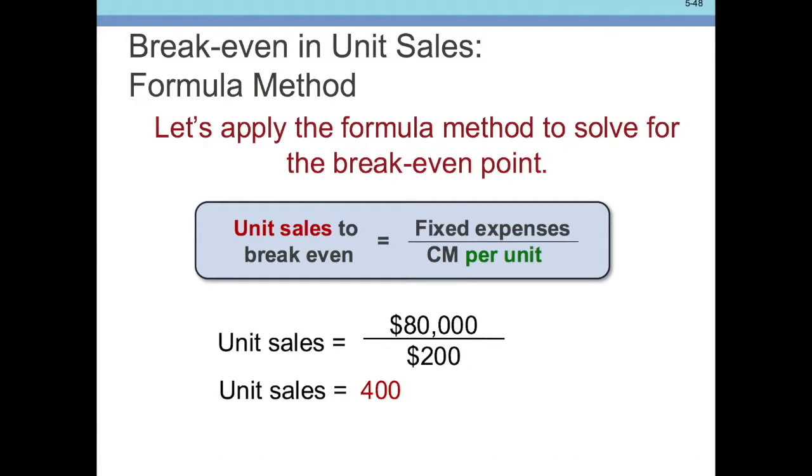The other thing we could do is go into it in terms of unit sales and contribution margin, and just look at it as fixed expenses divided by contribution margin per unit. You have $80,000 in fixed expenses divided by $200 per unit to cover them. So how many units do you need?